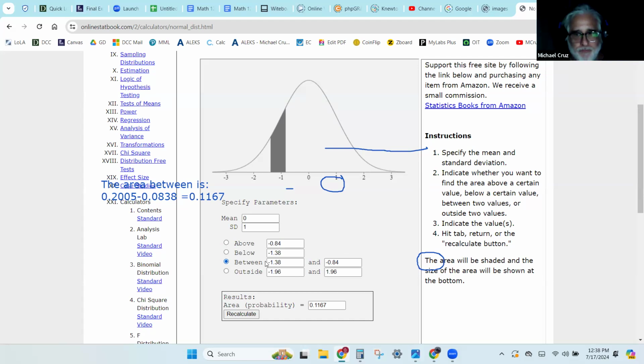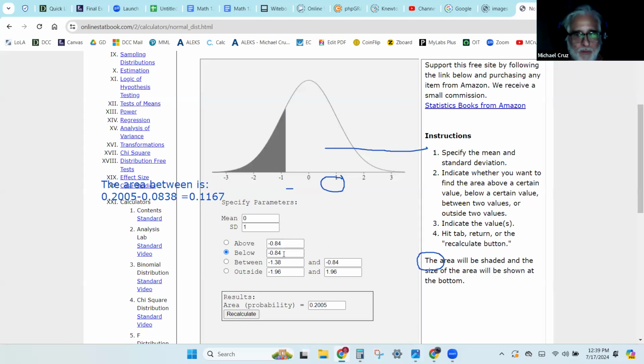See that? If we were just looking for below, then that gives us that value right there. If we were just looking for below on this one, it would be that one.